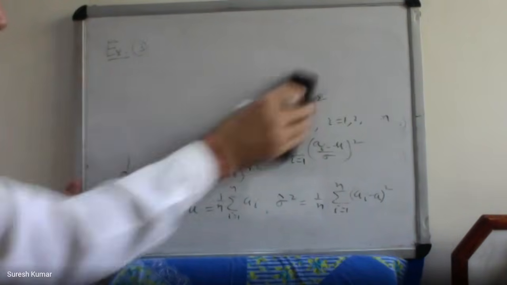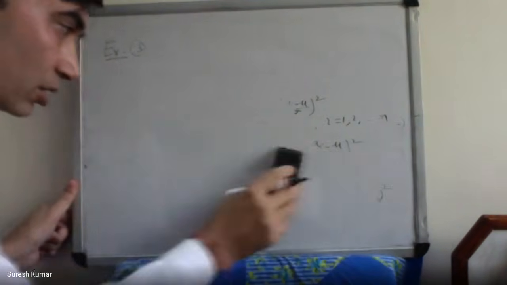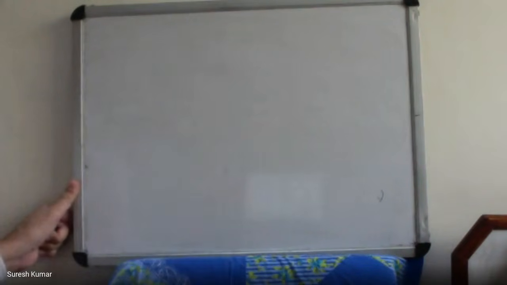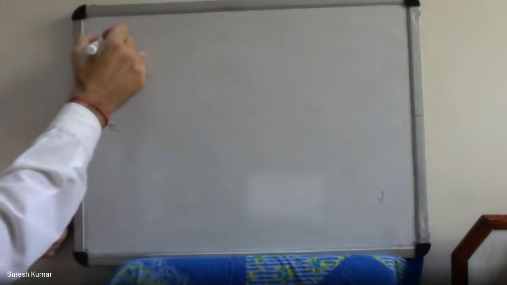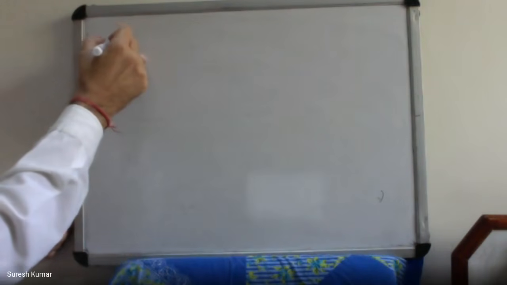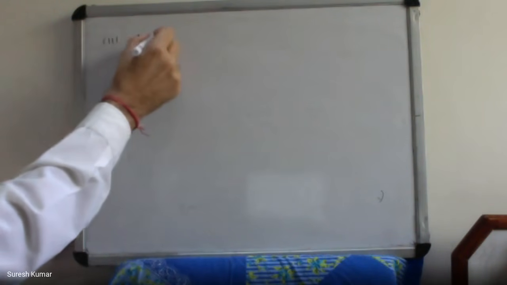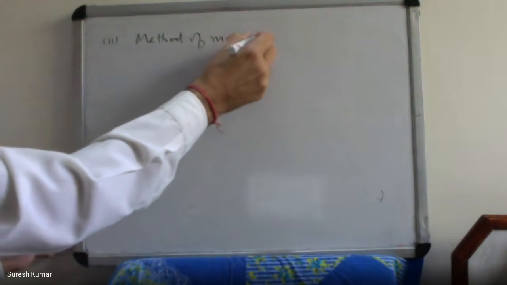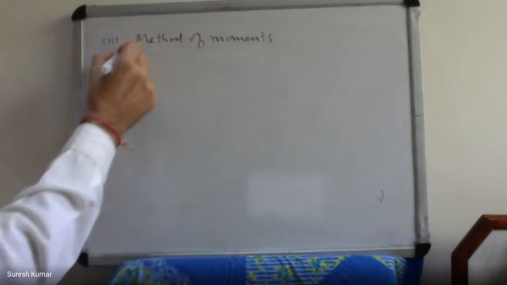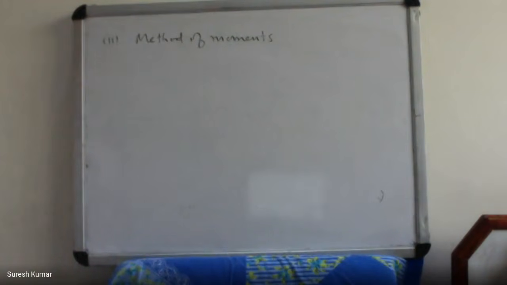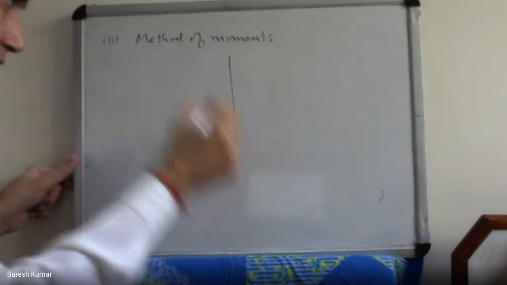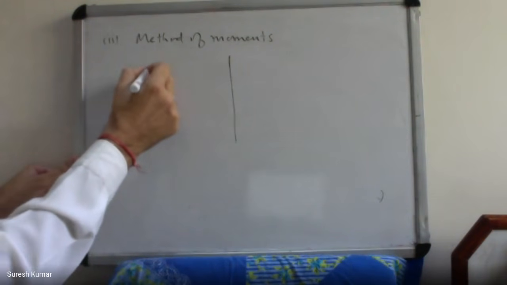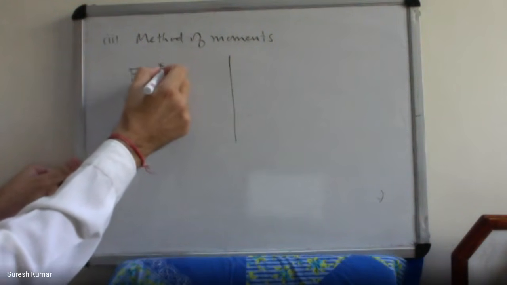Okay. Now let's see the second method for point estimate of the population parameter. The second method is the method of moments. So in the method of moments, what we do, one side we have population random variable moments.